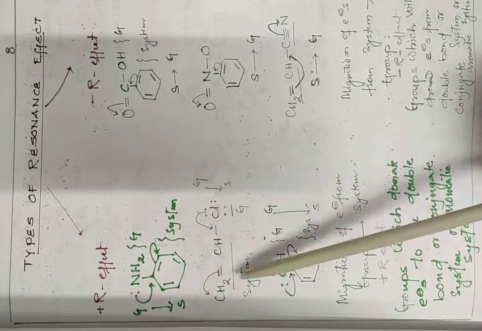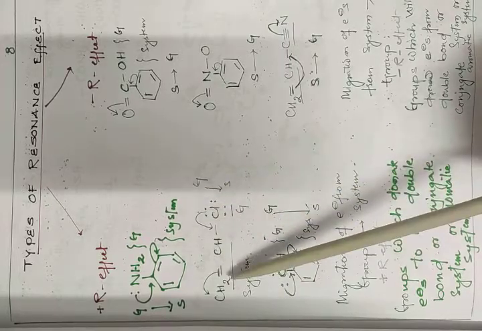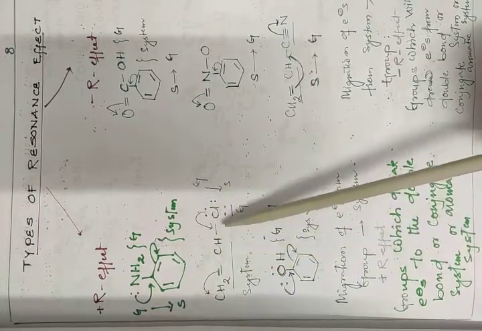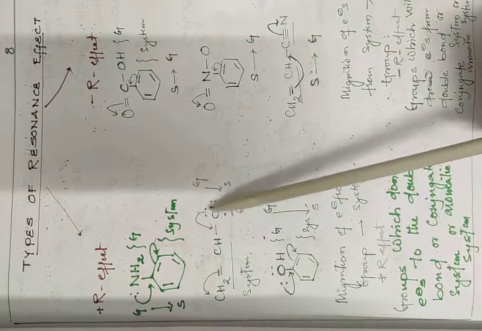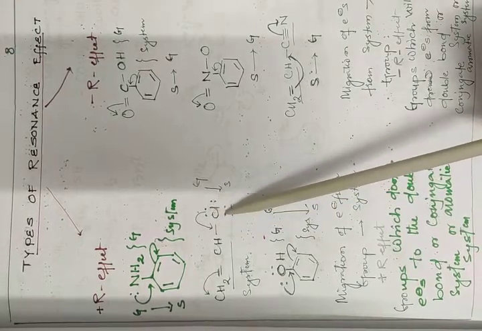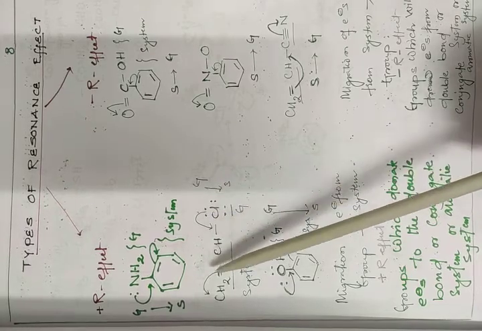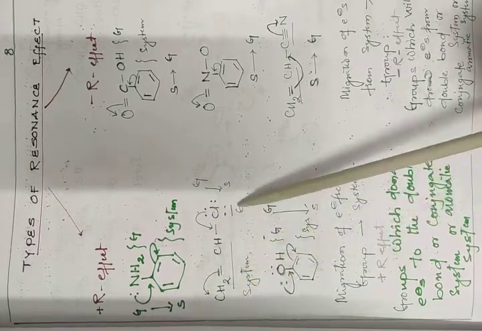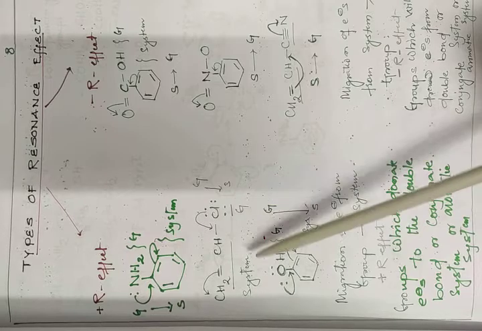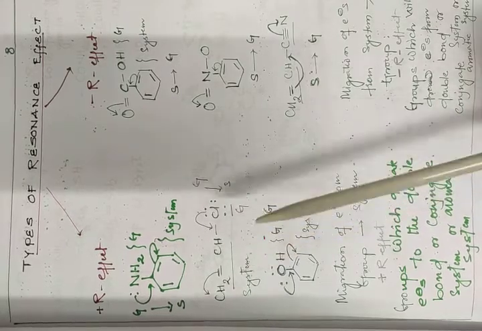Now we see another example: CH2 double bond CH and then single bond Cl. The lone pairs are there, 1 2 3, and one is given to here, and another one shifted to here. So this one is also the same, group to system.